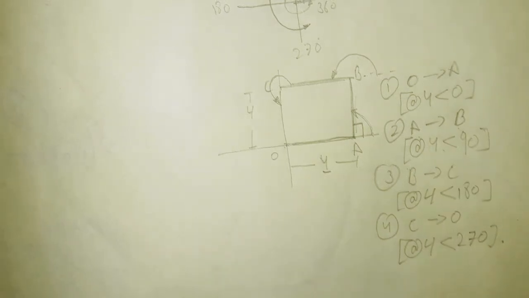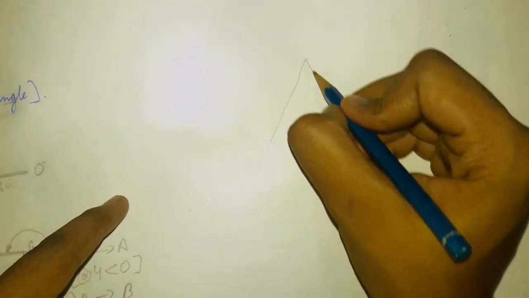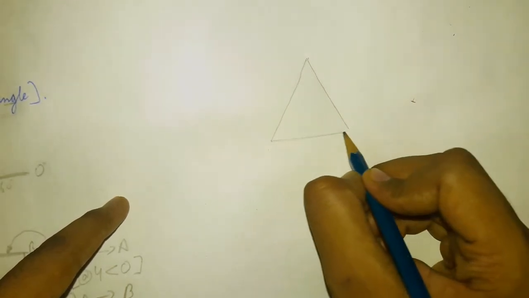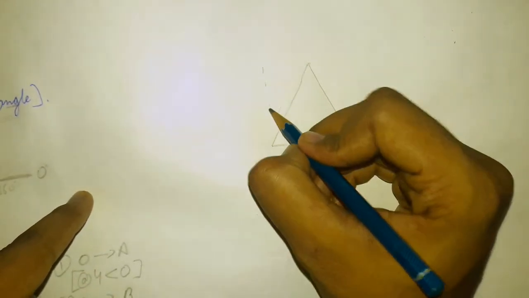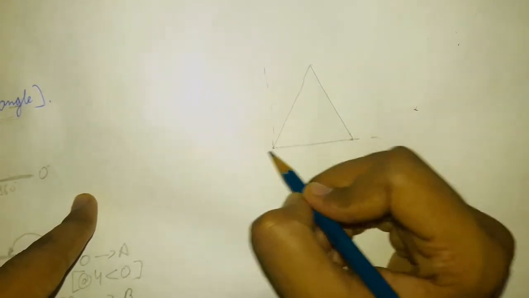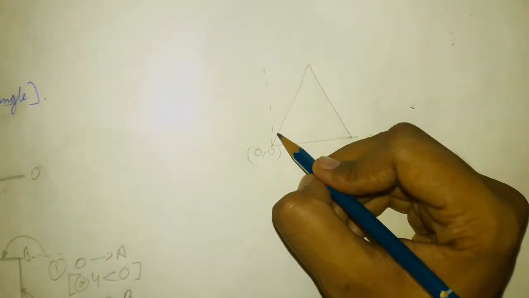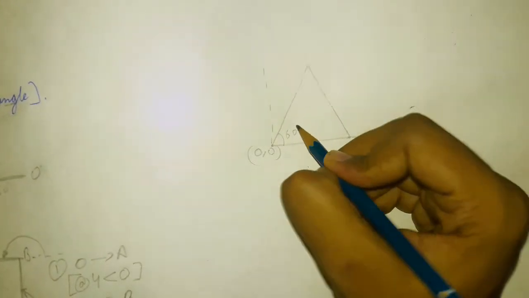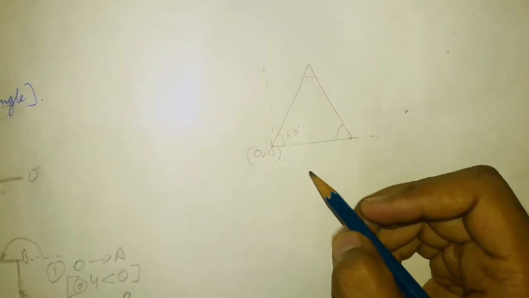Let us take another complicated example. Here a triangle. Sorry for my line. This is our origin. It is an equilateral triangle, means it is of 60 degree angle. All of 60 degree for an equilateral triangle.